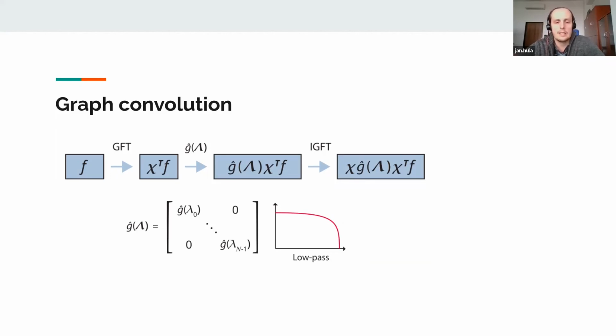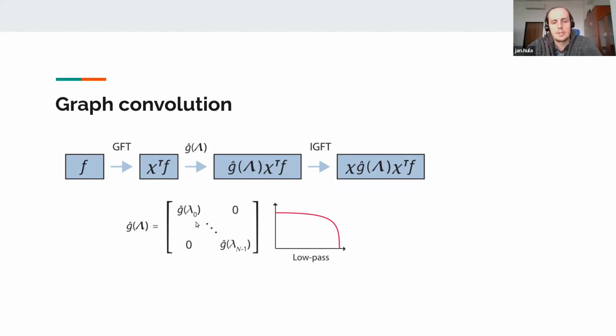This idea was used for the first graph neural networks, where we would just learn the coefficients of this convolutional operator in the spectral domain. We would learn these coefficients by gradient descent, as is usually done in neural networks.